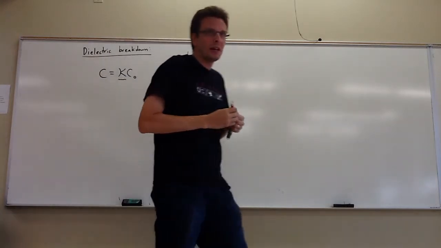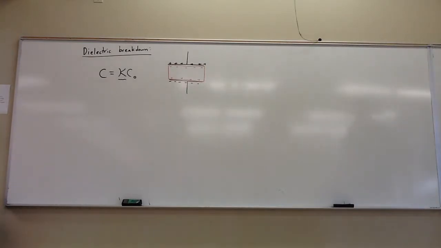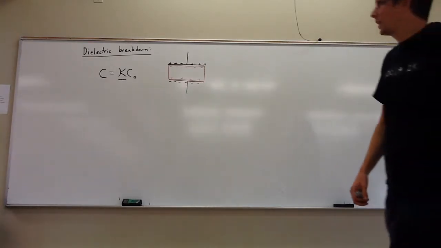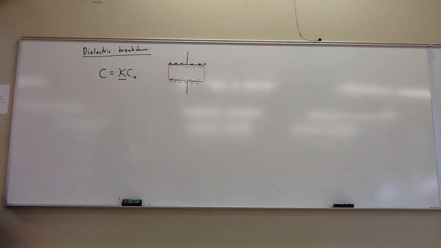It's going to suppress the electric field and therefore voltage. And ultimately, that means that we can put more charge on there for a given charging battery. Okay? So that's the general gist of how that worked.